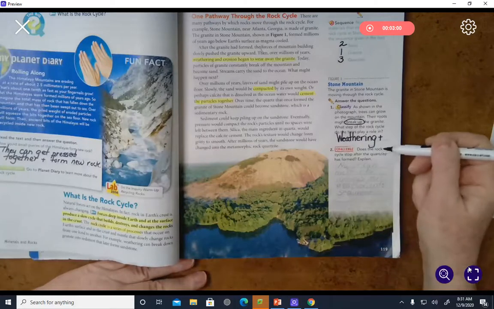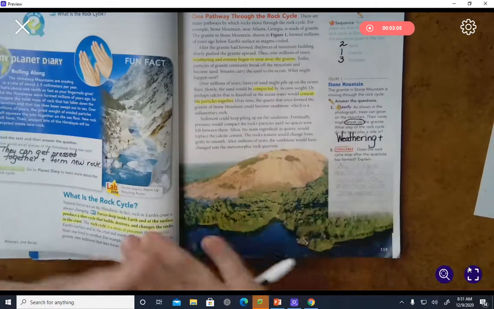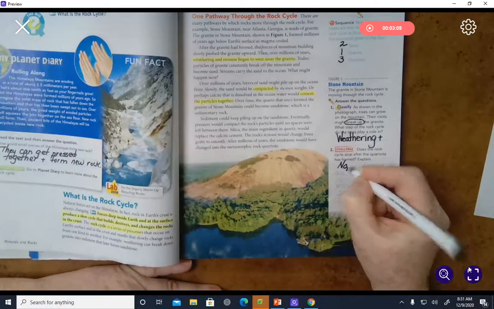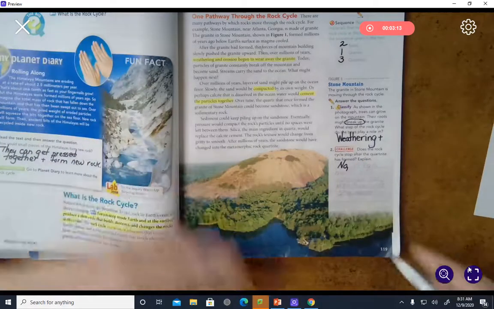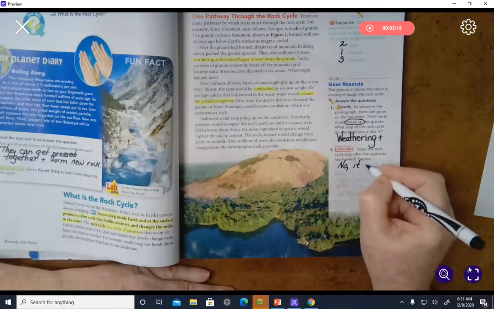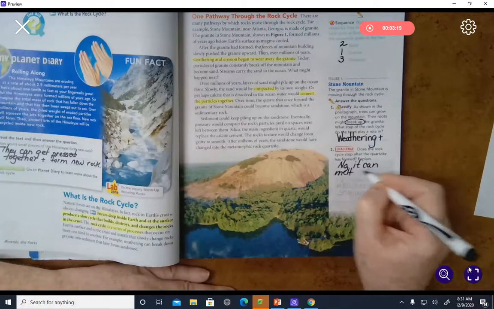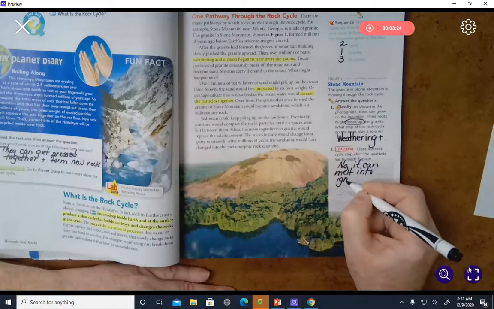Okay, does the rock cycle stop after the quartzite has been formed? No, no, no. I'm going to answer the question, and when it says explain, I'm going to be as complete as I can. I'm going to say that it can melt into igneous rock eventually after it cools again.